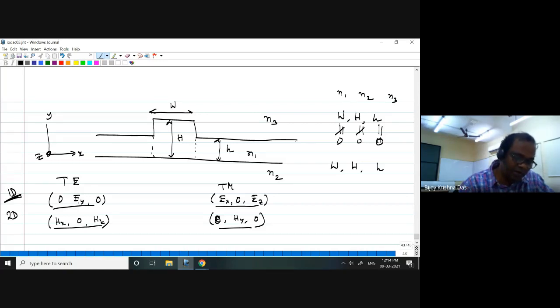Earlier we have seen that only one electric field component along y would be sufficient. But in case of 2D, we have to have one more major component, the longitudinal component Ez. So this Ez comes because of 2D.